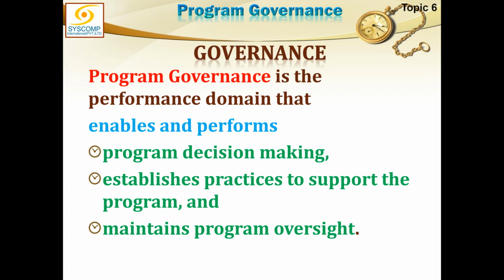And the third objective is to maintain program oversight. How to take care continuously of the program, how can we keep an eye on the program, how well it is performing. But again, I would say that these are generic guidelines provided for all the programs. There is no program governance specifically for any one program.